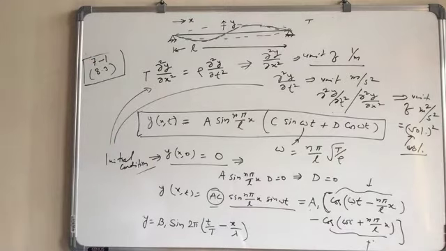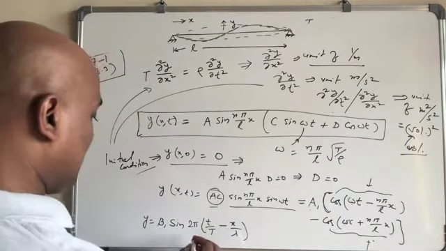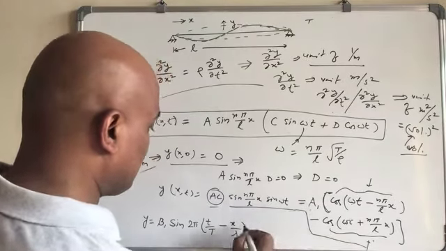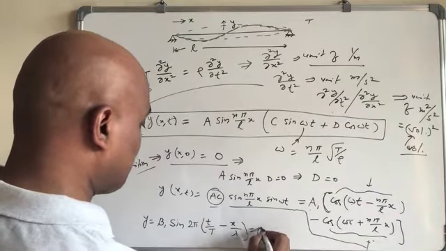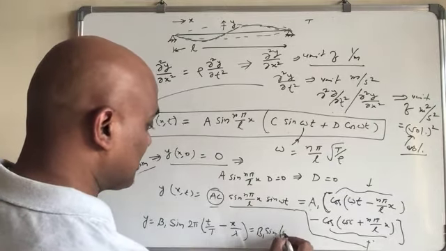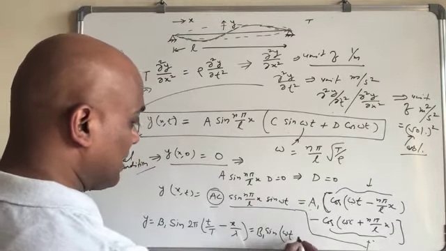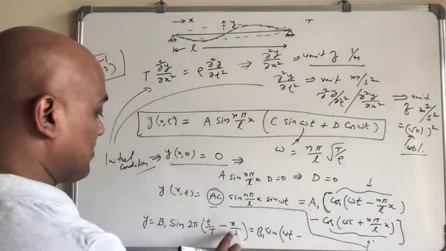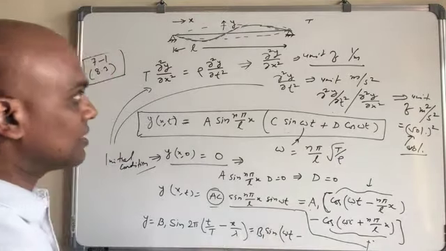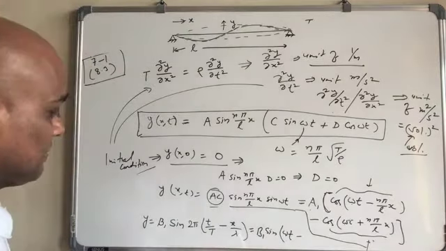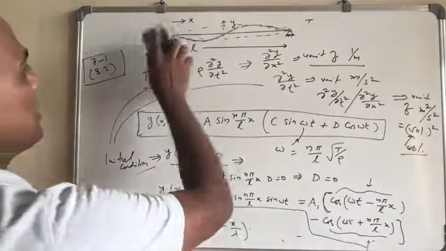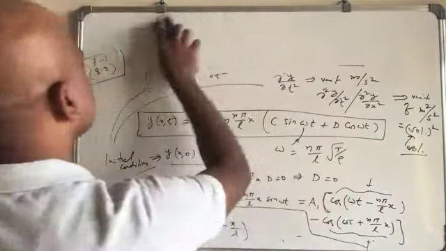In this form, or simply if you expand that further, this will be equal to B1 sine, and then 2 pi, this becomes omega t minus, and if you look here, just a minute, we will write it up. So till here we have, so let's write it here.